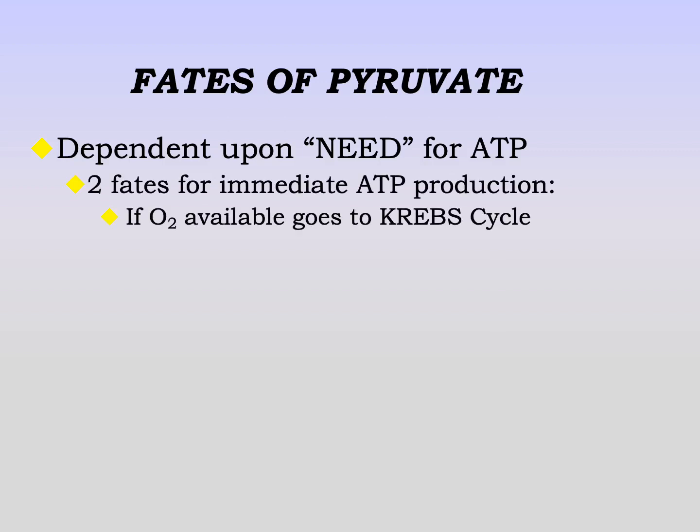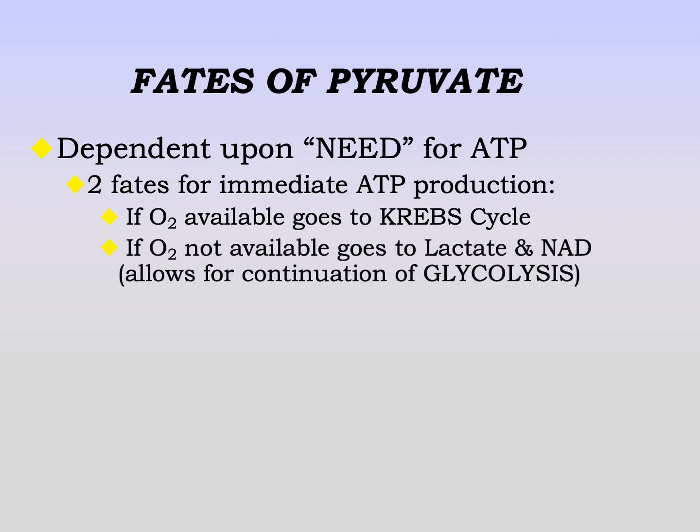If there is oxygen available and enough oxygen available for the cell, it's going to move towards the Krebs cycle. However, if we don't have enough oxygen available for the cell, we're going to move towards lactate and NAD metabolism. Now, at all times within the cell, we are going to be going in both directions here with pyruvate.